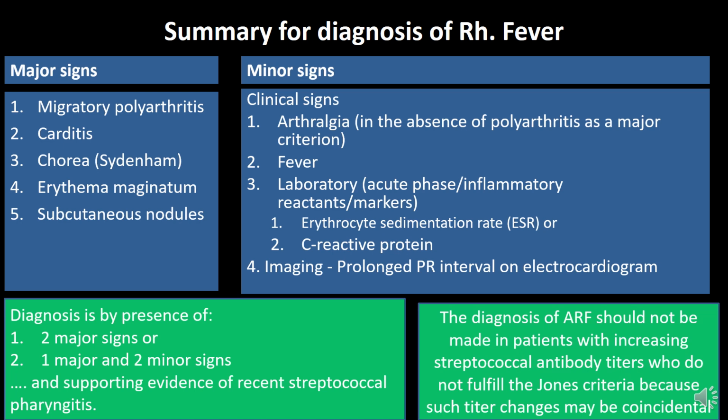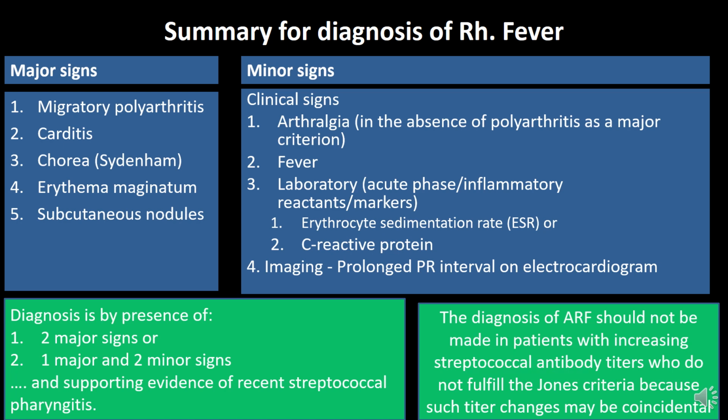So, there's this statement that the diagnosis of acute rheumatic fever should not be made in patients with increasing streptococcal antibody titers who do not fulfill the Jones criteria. That is because such titer changes may just be coincidental. That is to say, if a child has had streptococcal pharyngitis, the antibody titers are high, fine.